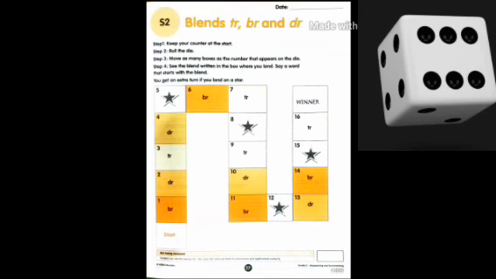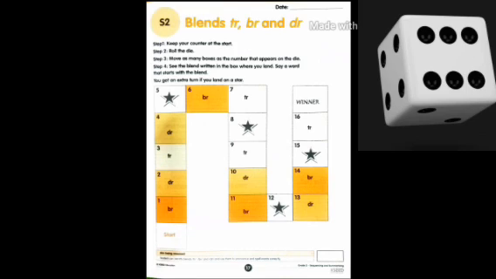Until you are the winner, go on throwing the dice and try to write words based on the box you got. Whatever box you got, you can write that blend. No need of writing all the blends. Whatever number you get when you throw the dice, you want to play the game accordingly.